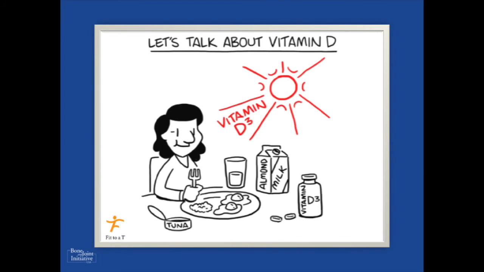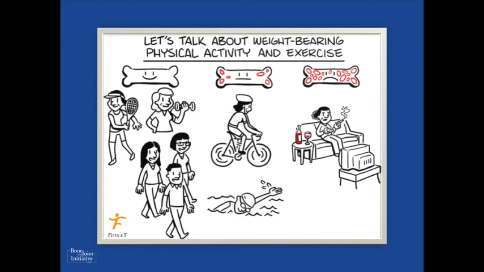We need only about 10 minutes of unprotected sun exposure to absorb a proper amount of vitamin D. However, patients who are not able to do this should talk to their healthcare provider about supplementing over the counter with vitamin D.